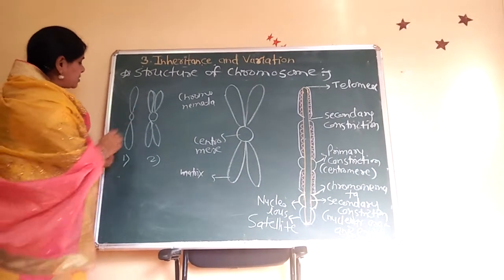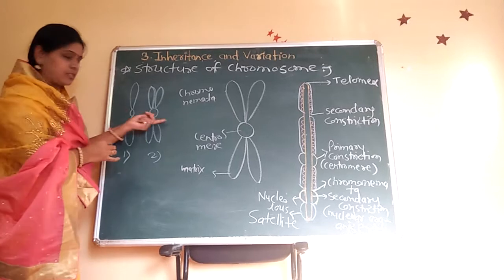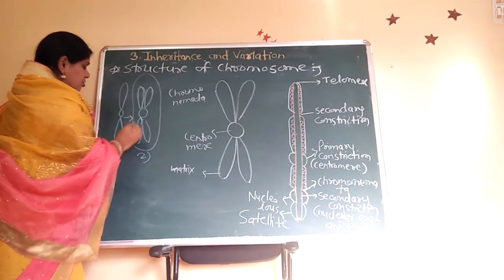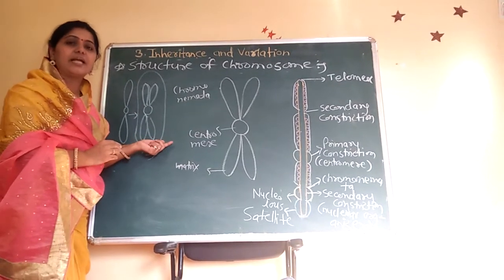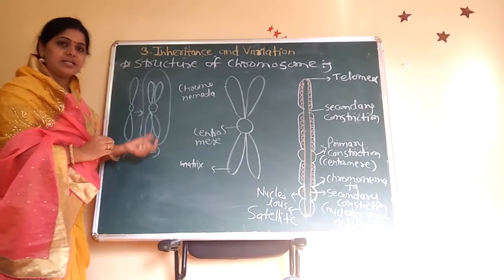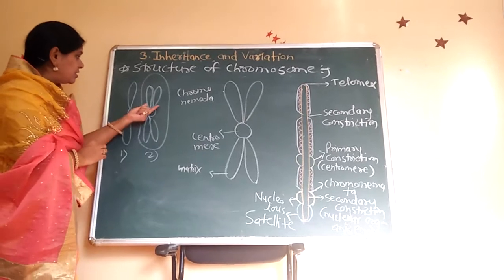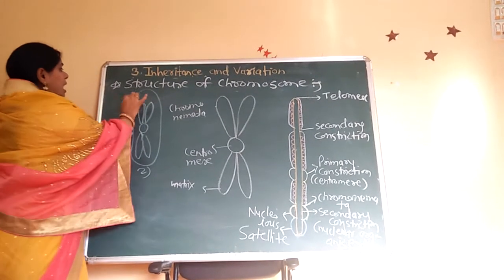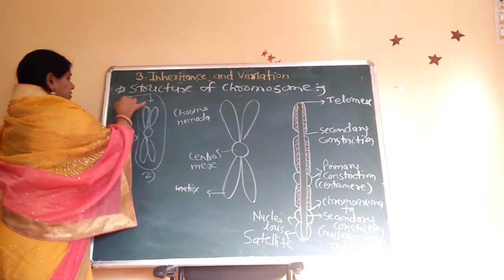But this chromosome is the duplication of the chromosome, and this happens in cell division. In cell division there is a duplication of chromosomes. This is also a chromosome and this is also a chromosome. These two are the chromosomes.